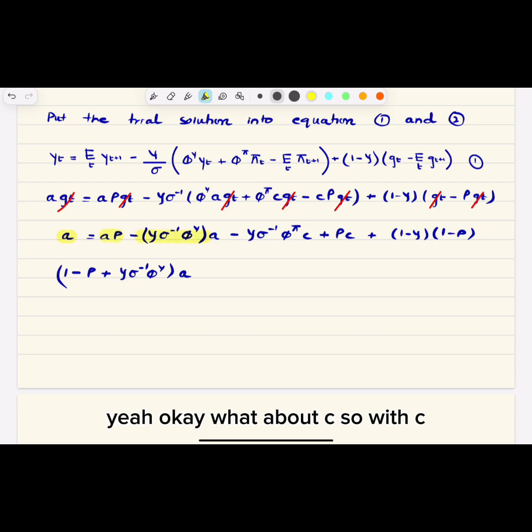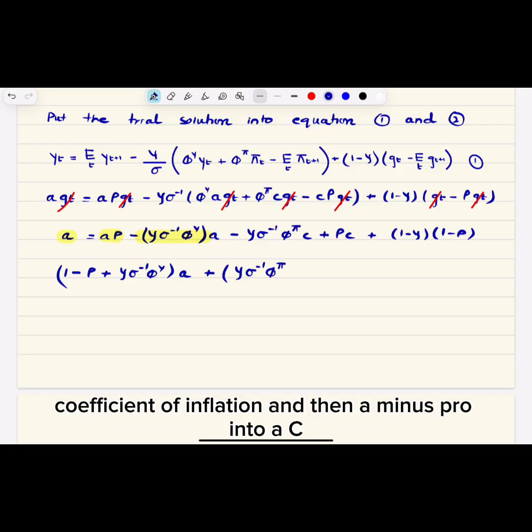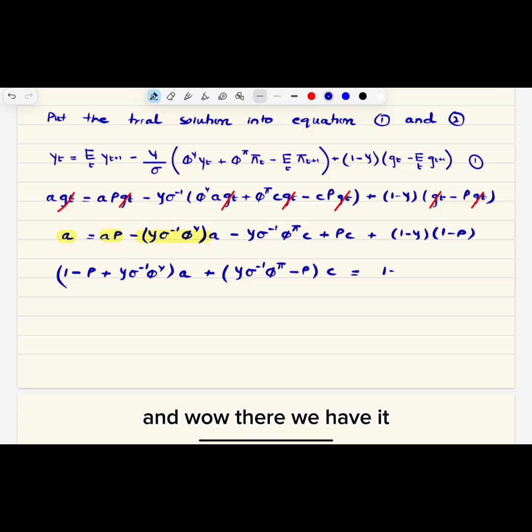Yeah. Okay, what about C? With C, I'll have a gamma inverse of sigma coefficient of inflation, and then a minus rho into C. And wow, there we have it.